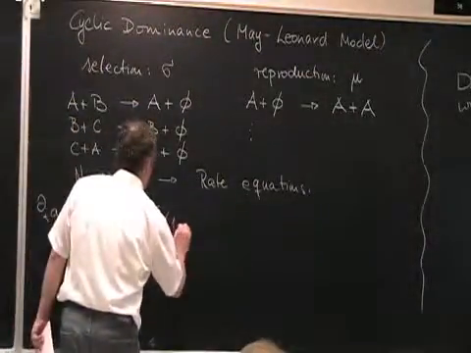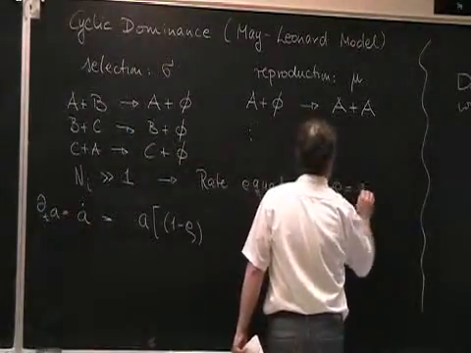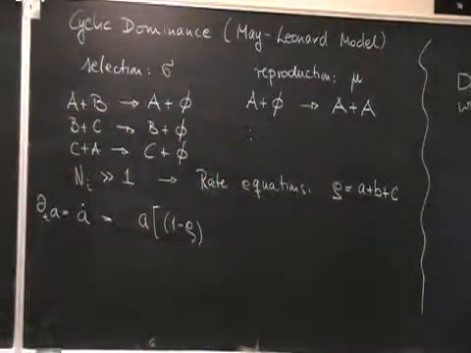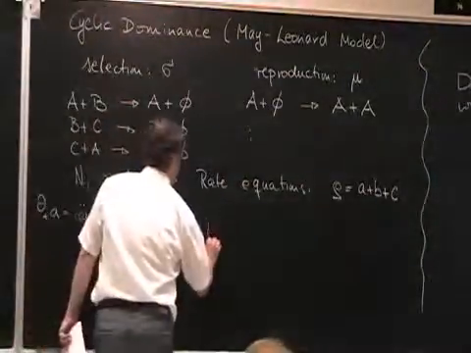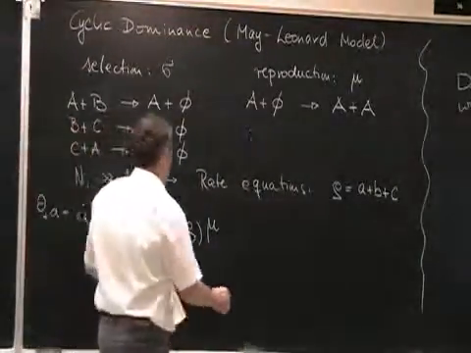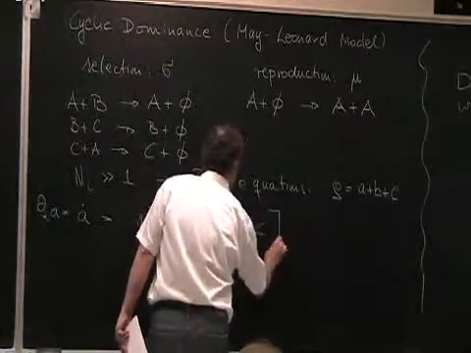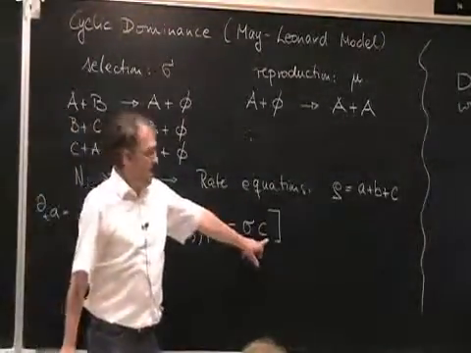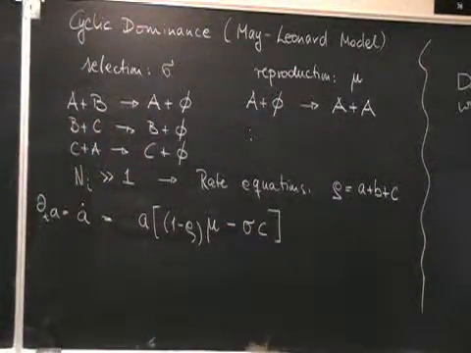Finding an empty site is 1 minus rho, where rho actually is the sum of all the fractions of individuals of species A, B, and C. And I multiply this by my birth rate mu, and I have to subtract from here the case where an individual C meets an A, and that happens at rate A times C times the selection rate sigma.